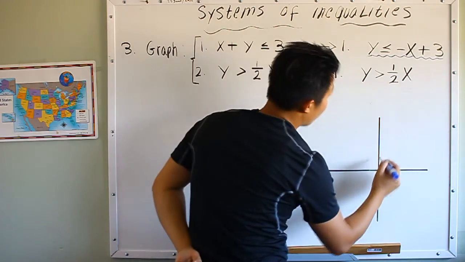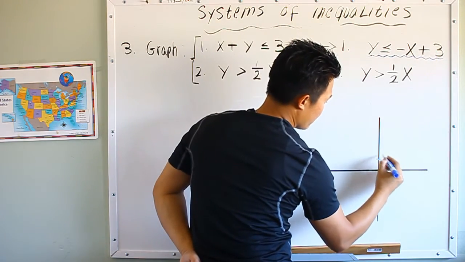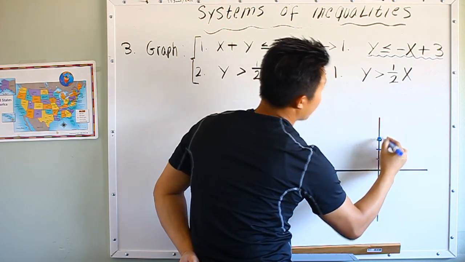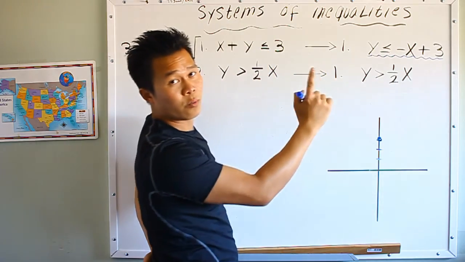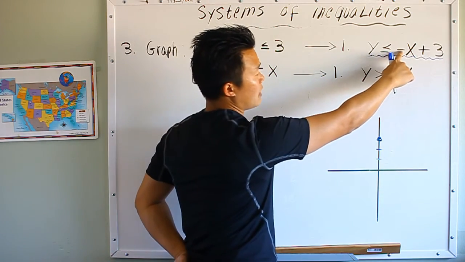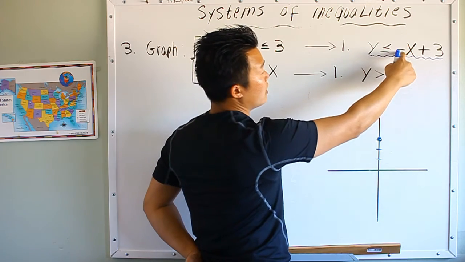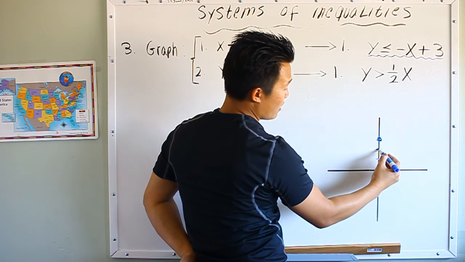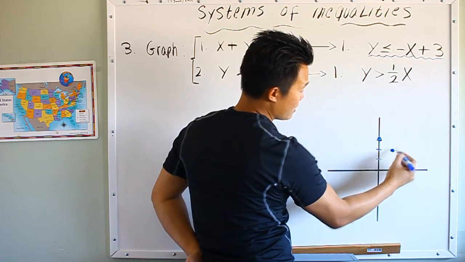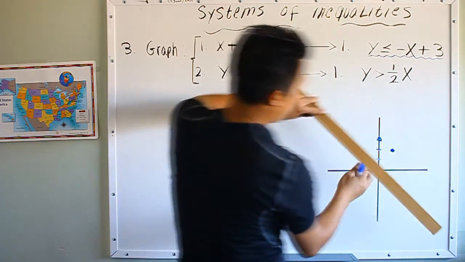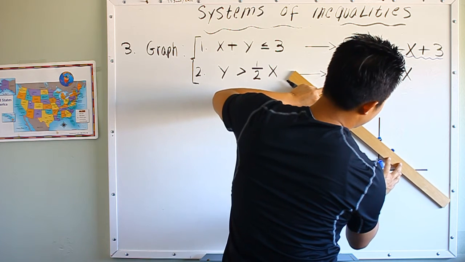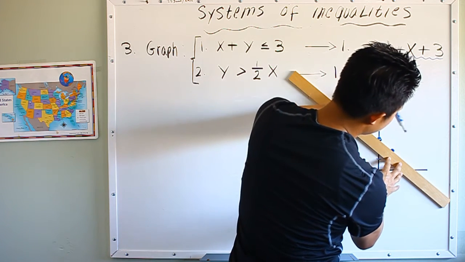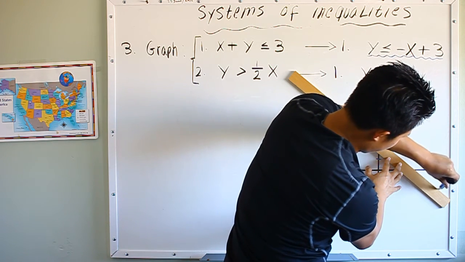So 3. The y-intercept is 3. So 1, 2, 3. Slope is negative 1 over 1. Very important, think of the slope as a fraction. So negative 1 over 1. So negative 1 means you rise down 1. Over 1 means you run 1. And those 2 points, when I connect them, they are the first line. Okay, so it's like this.